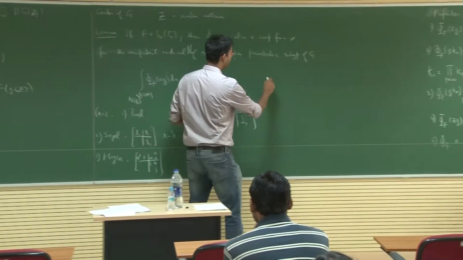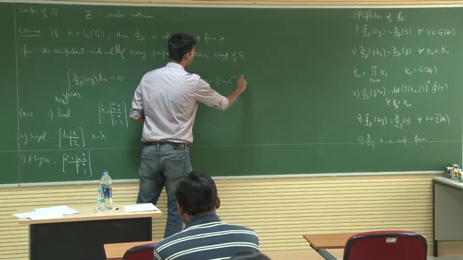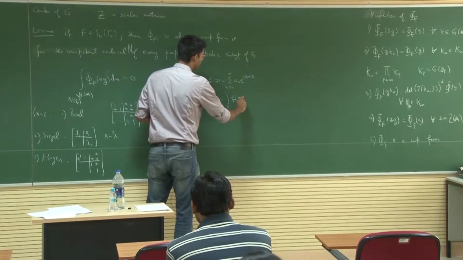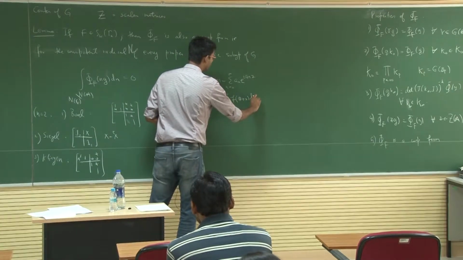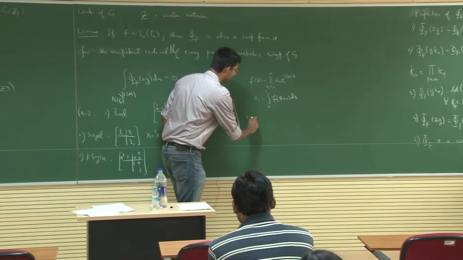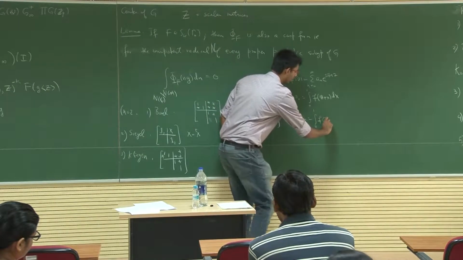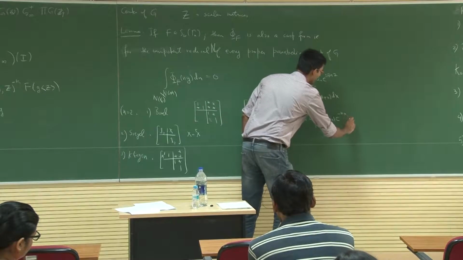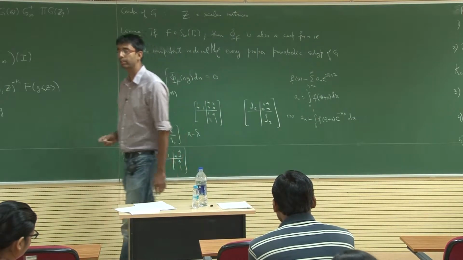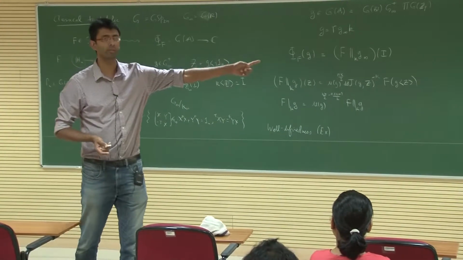If you have f of z equals the sum of a_n e^(2 pi i n z), n from 0 to infinity, your a_0 is the integral from 0 to 1 of f(z+x) dx. But for any other n bigger than 0, a_n is the integral from 0 to 1 of f(z+x) e^(-2 pi i n x) dx. So you have to look at the inverse of the character coming from the integer n, and of course when n is 0 you get the previous one.